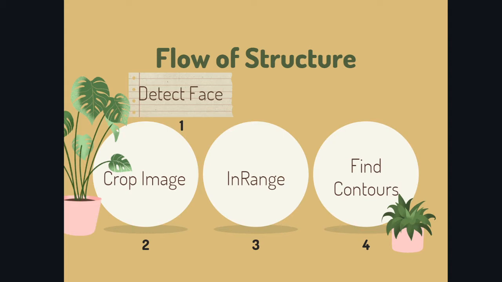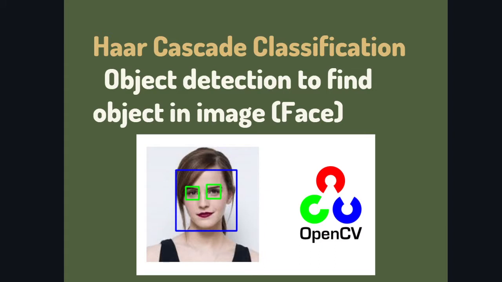The first step is to detect the face. The second is to crop the image. The third, I want to use the inRange function to detect the mask, and then use the find contour function to draw the bounding boxes.